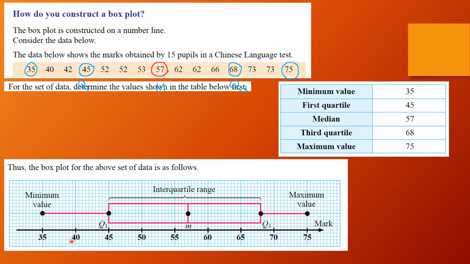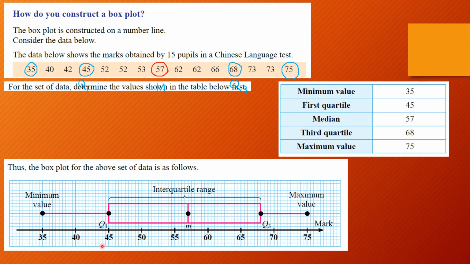Make sure your range is the same. That means here you start from 35, and the difference is 5. The size of the scale here is 5.